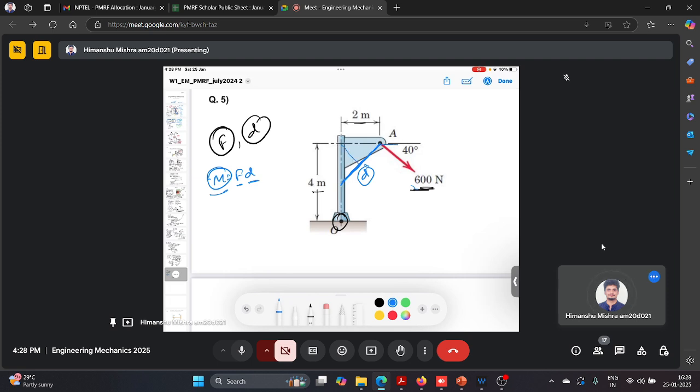So for that, this is 40 degrees. From the law of angles, this is also 40. This is 90, so this angle will become 90 minus 40, which is 50.